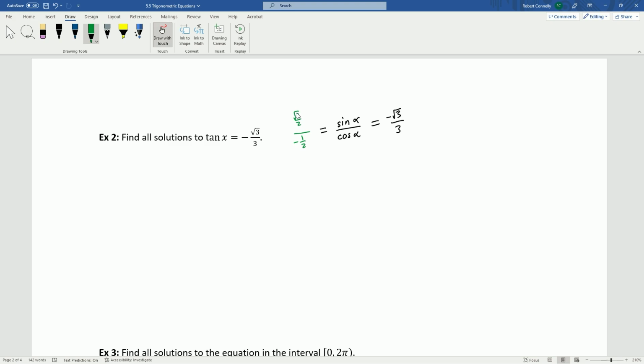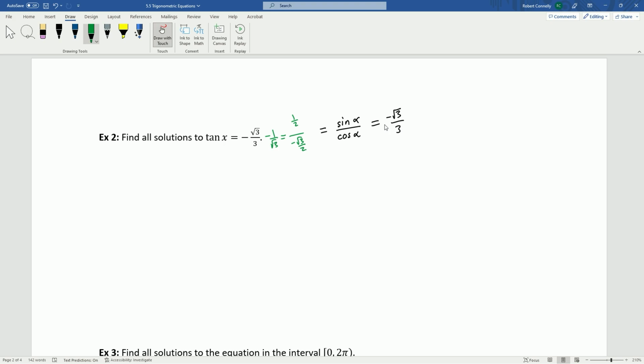Well, when I simplify this, I would get negative root 3, which is not the same thing, right? So that doesn't work. That's okay. Try something else. So root 3 over 2 and negative 1/2 didn't work. Let's try 1/2 and negative root 3 over 2. Well, the 2's cancel, and I get negative 1 over root 3, which if I rationalize this would be exactly the same thing that we have here.